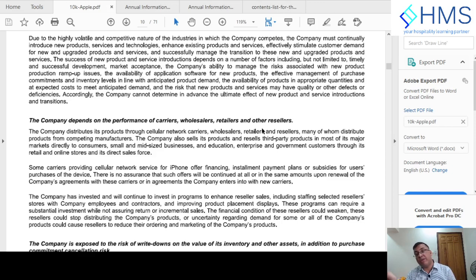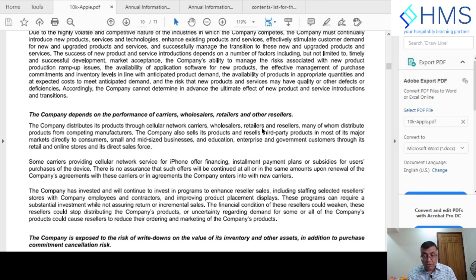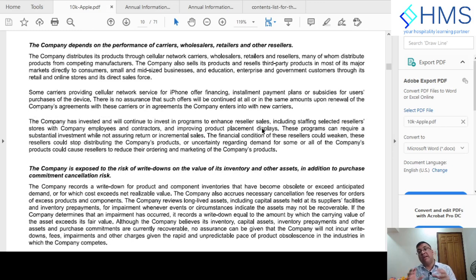If they are able to sell well, Apple will be able to sell well; if they are not, Apple will not either. So the existence of those indirect distribution channels is critical to the company's success.